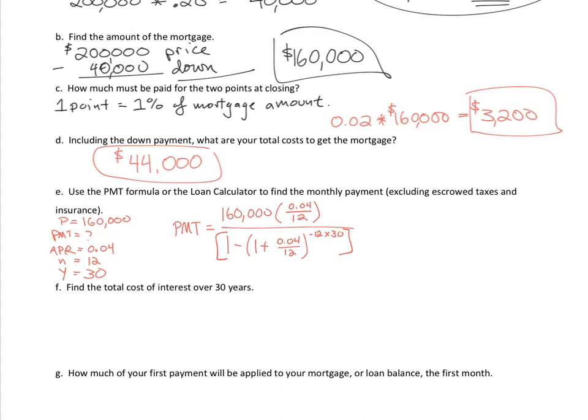And again, you would go through and simplify this fraction and consequently this fraction as 0.00033333333, as many as you can stand to write. Again, the more decimal places, the more accurate. So there it is, and then you would simplify this to be negative 360 for the exponent. And when you calculate this entire fraction, you'll see that the payment should just be, where did it go?